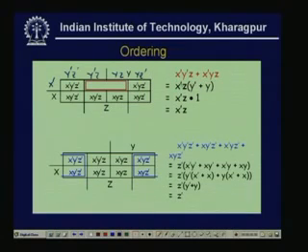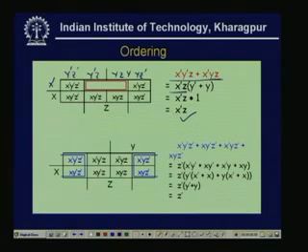As they are adjacent, there must be some common literal, and from here we see that the common literal is x dash z. So we take x dash z common and it will be y dash plus y, which is 1, so this is x dash z. That means these two min terms are reduced to x dash z.